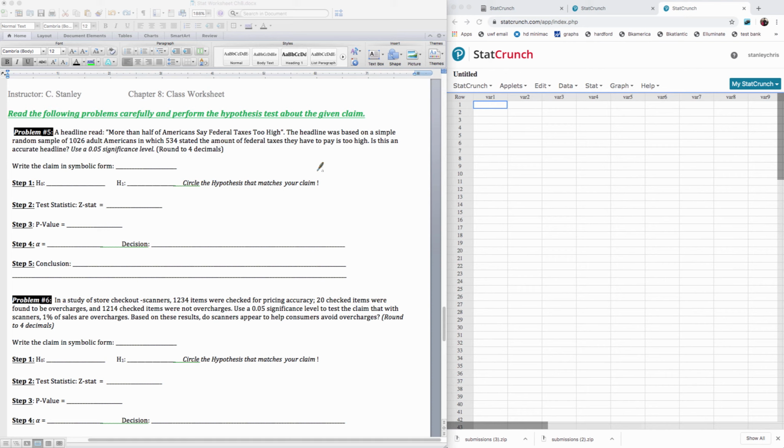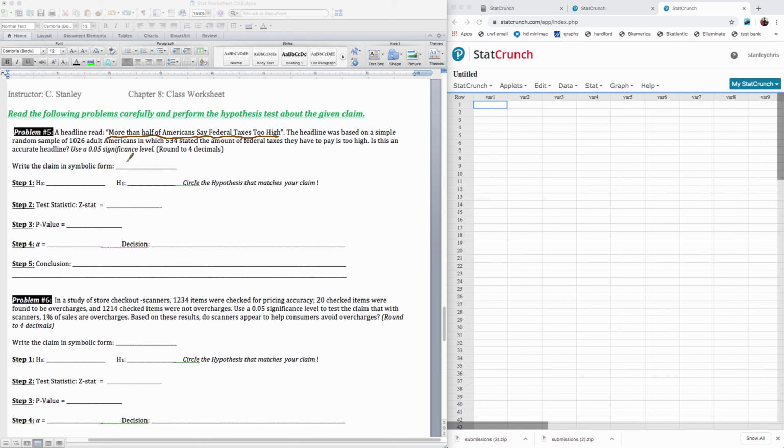So the headline read, more than half of Americans say taxes are too high. That's a clue, that's direction: more or more than. It was based on a simple random sample. So they saw the sample and said, oh, it's more than half. Is this accurate?